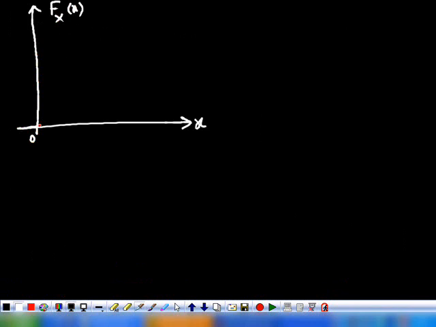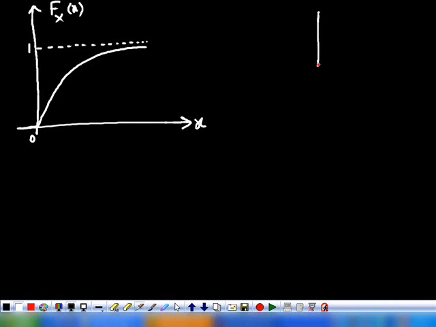When x increases, it will increase, go on increasing like this, and come to a particular value 1 at infinity. So these two lines touch at infinity. So it is a non-decreasing function.